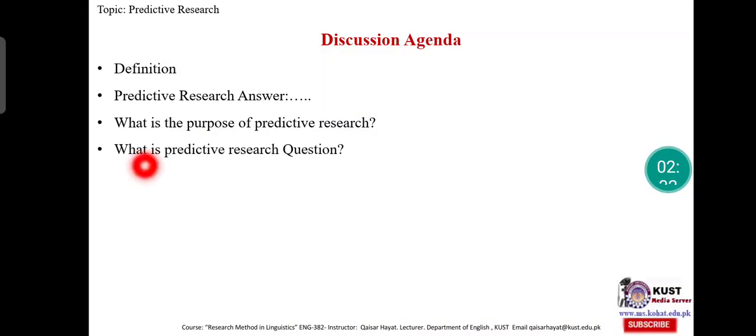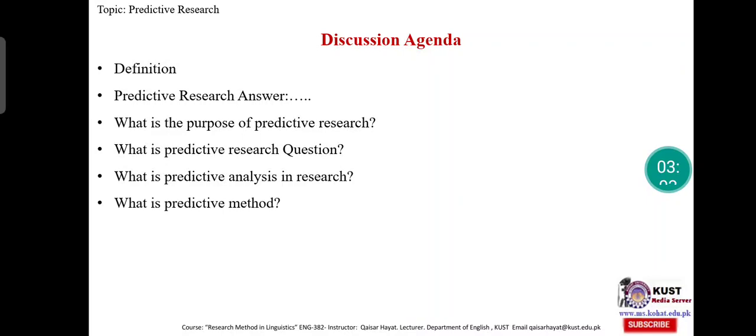After this, what are predictive research questions? What type of question is molded for predictive research? After discussing the questions, we would study what is predictive analysis in research, how the predictive research data has been analyzed. We will cover these areas in today's lecture.